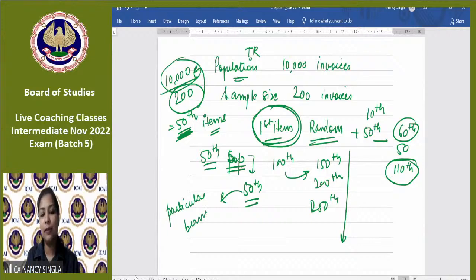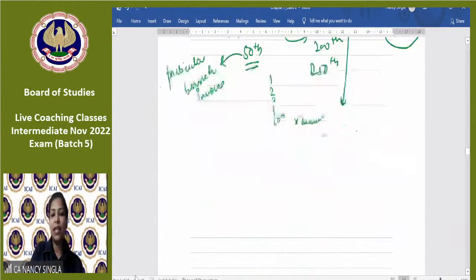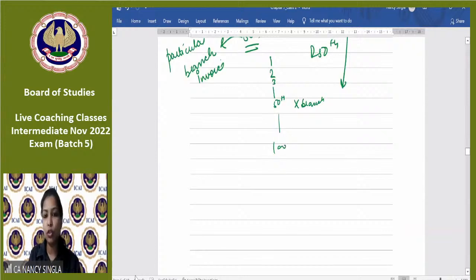This can happen, right? If, let's say, there is a list 1, 2, 3 till 50th, this is some X branch invoice. Same way, 100th item is also again an X branch invoice. There may be a set pattern.